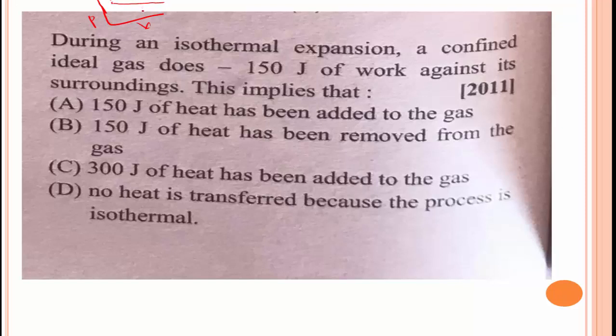Here, a confined ideal gas does 150 joule of work against its surroundings. In isothermal expansion, work done against the surroundings is negative, but work done by the gas is positive.